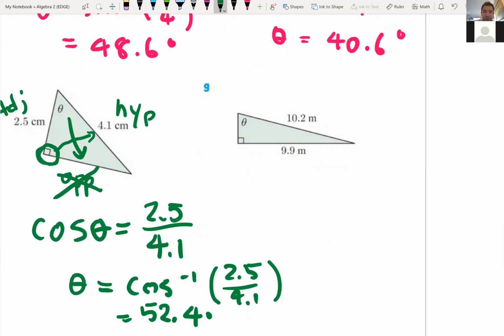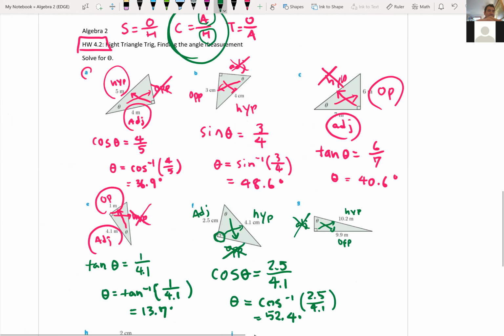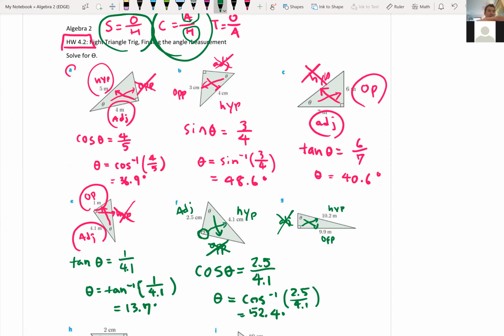Okay, opposite. The opposite of theta is always the opposite side. Then hypotenuse, and then adjacent. There's nothing on adjacent. It's opposite hypotenuse. How do you see that?